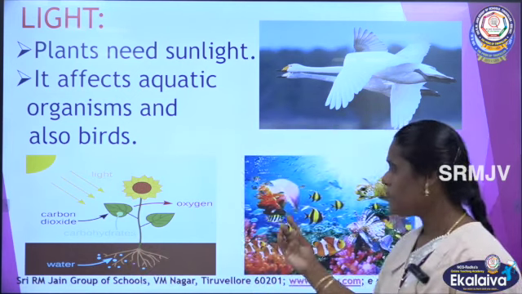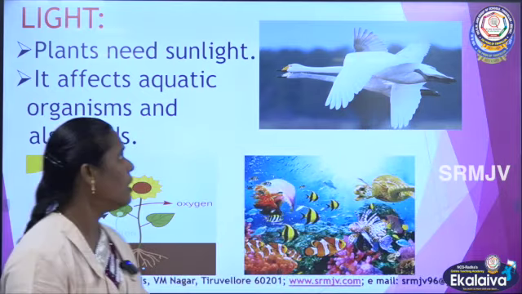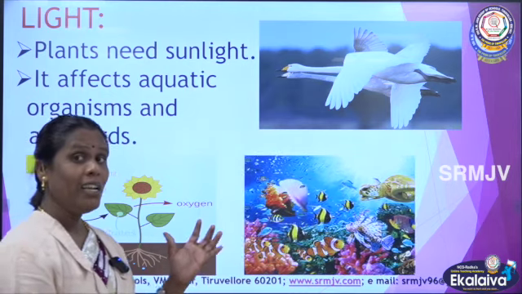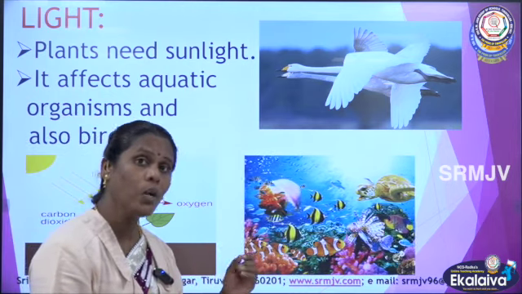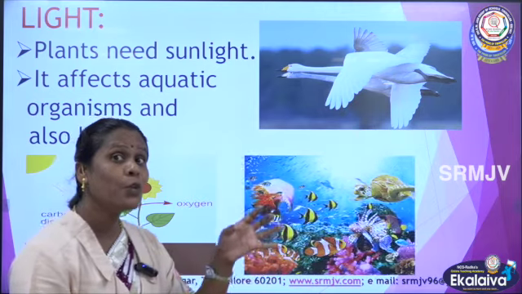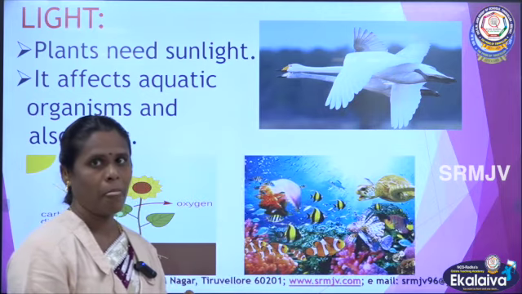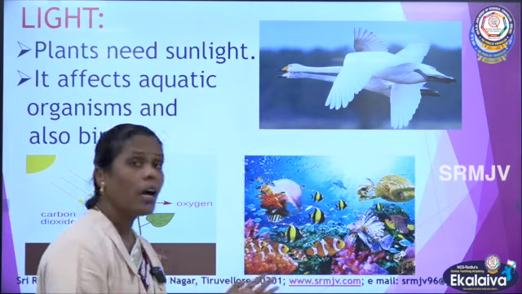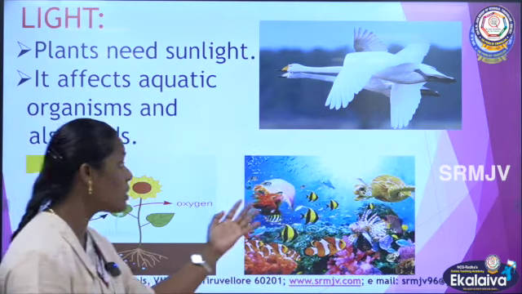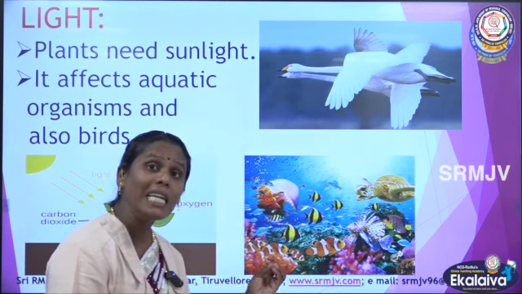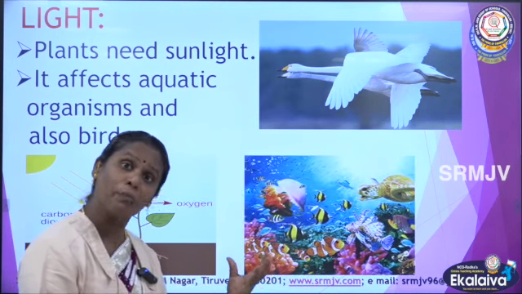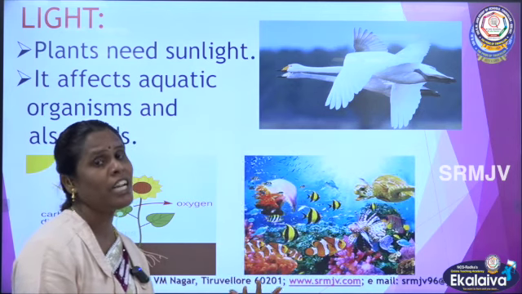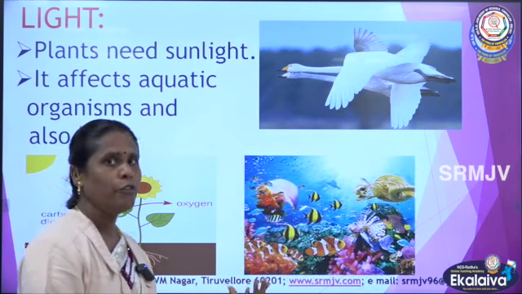Then see here some of the birds, when they feel too cold, they migrate to warmer places. Some of these are aquatic organisms. These organisms also need light because plants also live inside. How do they prepare food? With the help of light, they can prepare their food.